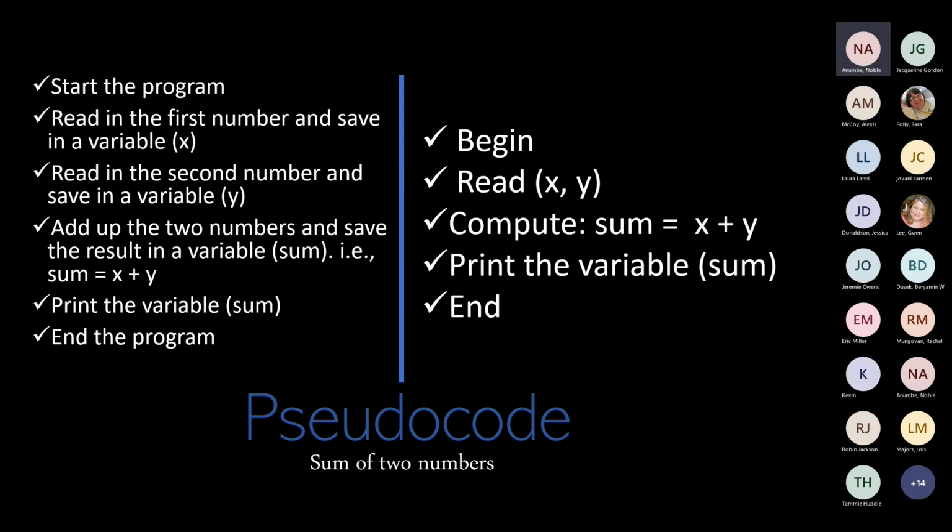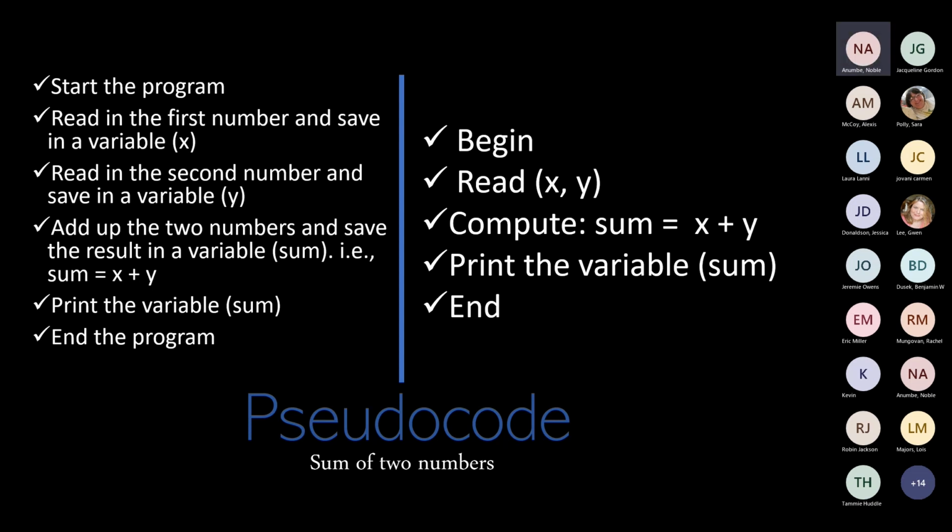Then I will at least declare or read in the first number, and then I'll save it in a variable. Remember the variables we talked about last class, where you create a variable? So we read in that variable.